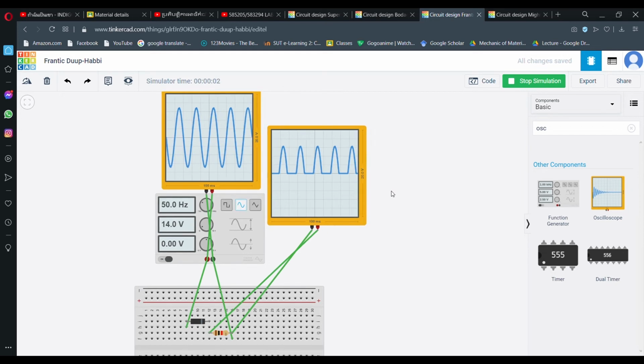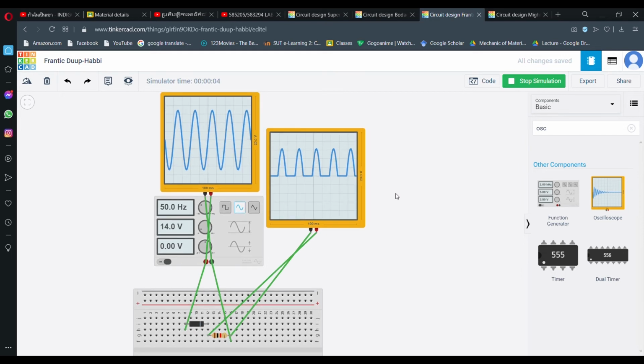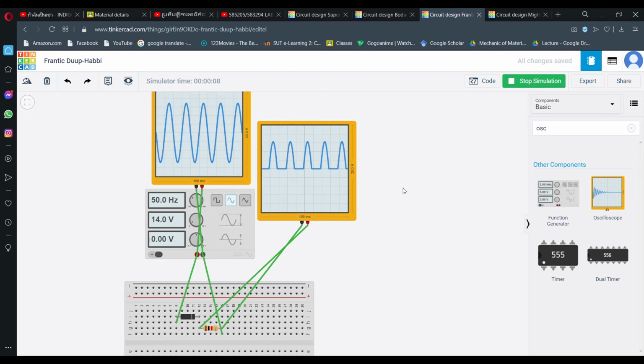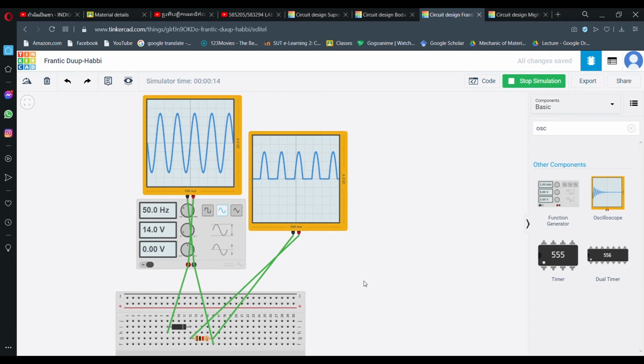Okay, so as you can see, in an AC circuit, the diode only allows the current, the voltage, to flow in the positive and blocks all the negative.